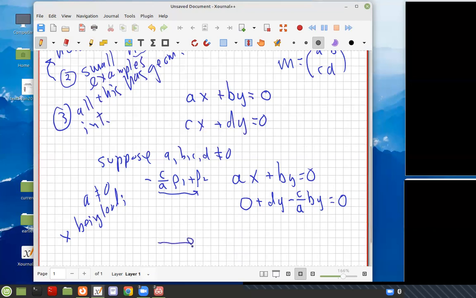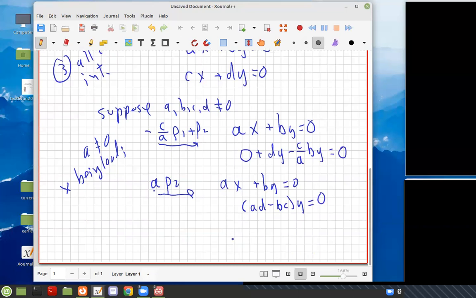Then, to simplify things, I do A times row 2. This becomes AX plus By equals 0. And then I can factor out the y here. If I multiply through by A, that'll introduce an A here and cancel off an A here. So I'll have AD minus BC times y equals 0.